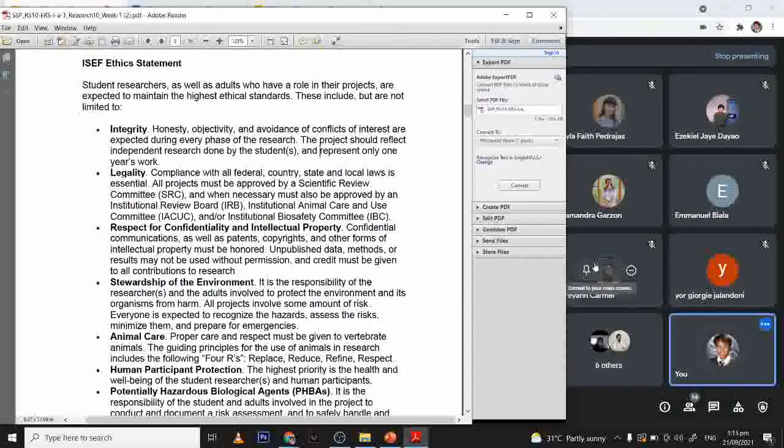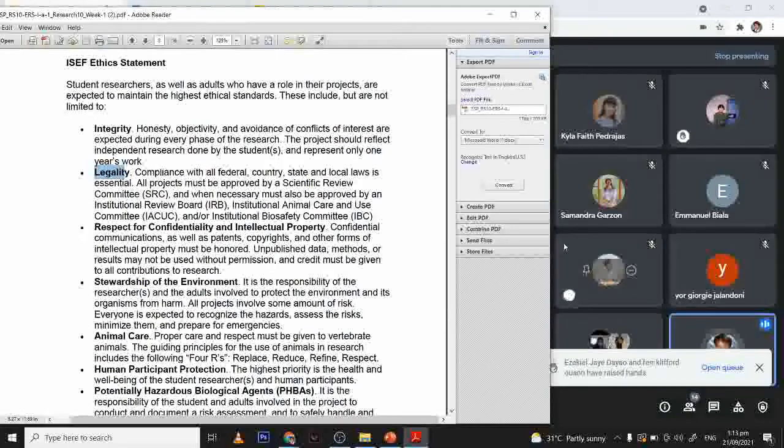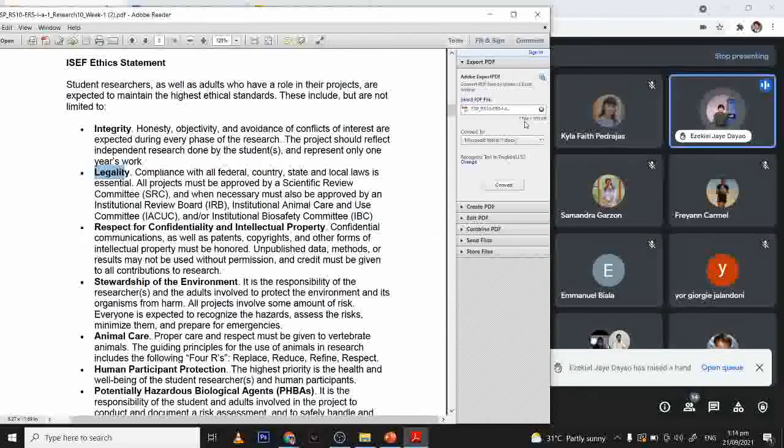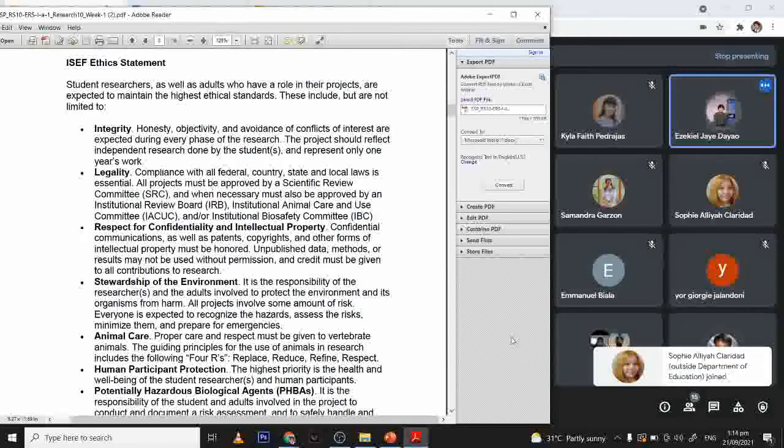All projects must be approved by a Scientific Review Committee or SRC, and when necessary must also be approved by an Institutional Review Board or IRB, Institutional Animal Care and Use Committee or IACUC, and or Institutional Biosafety Committee or IBC. So in short, it must be legal. Nothing illegal. You must follow laws, with no laws being violated, and so on. That's simple. For example, if you are putting illegal drugs, or killing animals, that's why boards and committees review it.